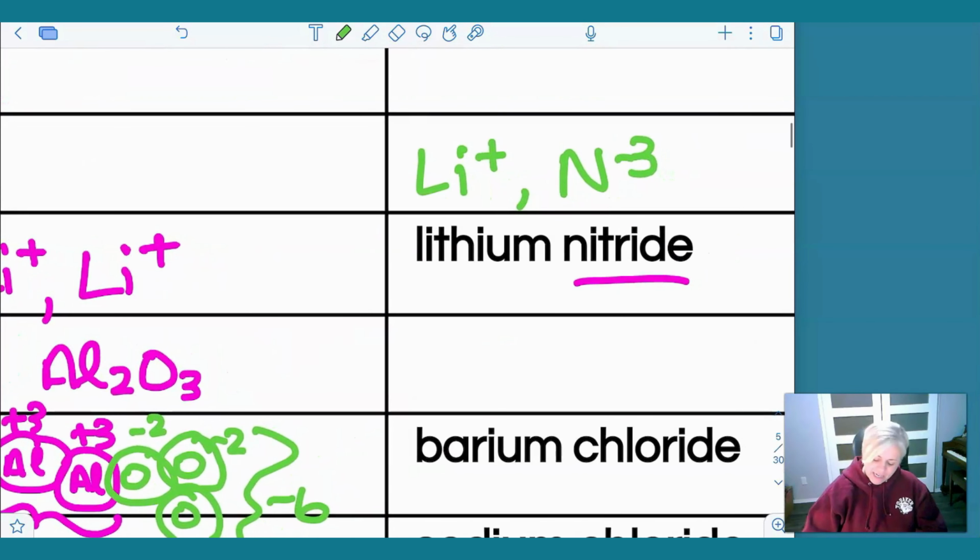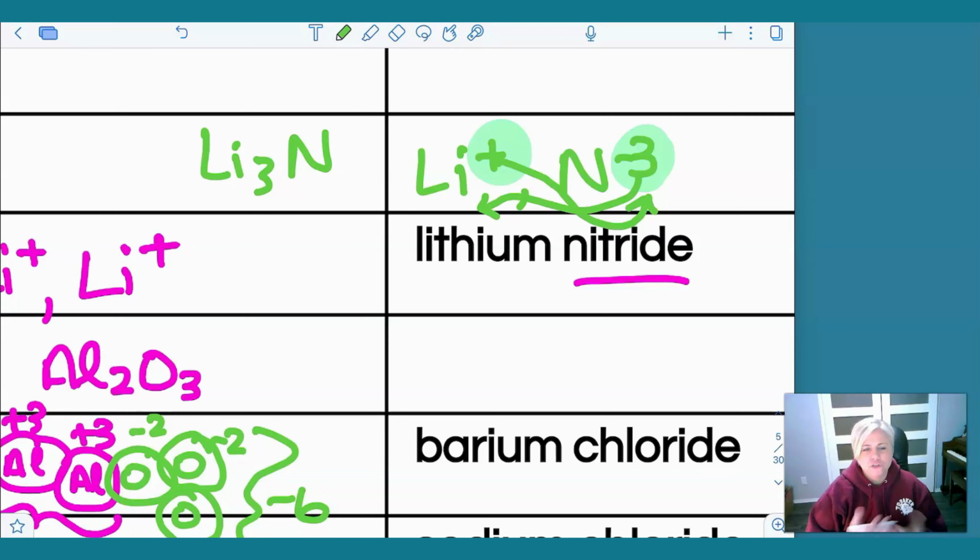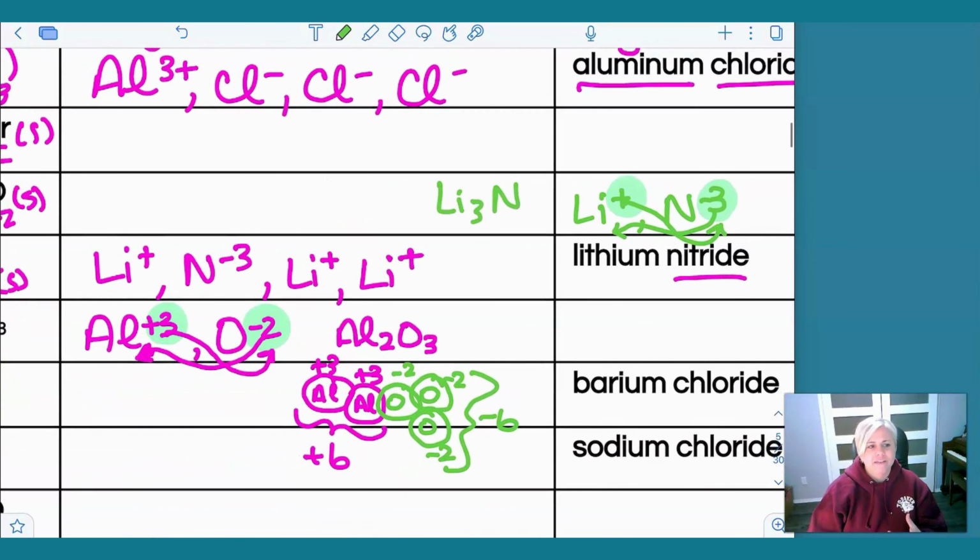So we could have taken this number and put it right behind Li, and we can take this number, which is 1, and we don't write ones, so just like before, we would have Li3N.